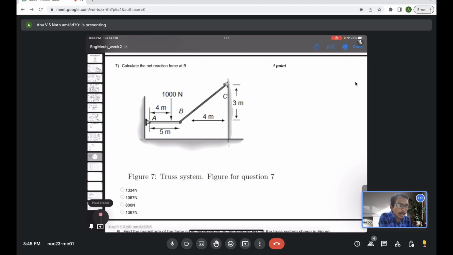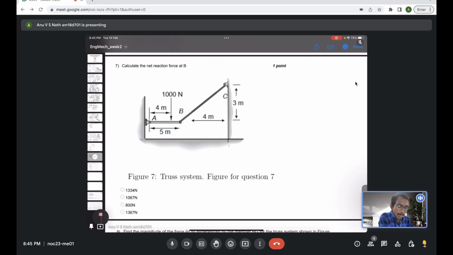We will say that the net force at any joint should be 0 for it to be in equilibrium. So here that is an issue, because we are asking for the reaction force at B and there is no option saying it is 0.